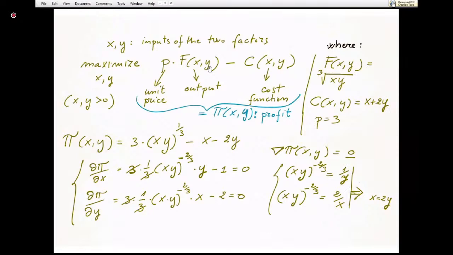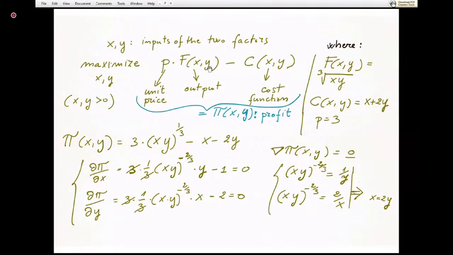Now suppose, very typically, X and Y are strictly positive quantities. F of X and Y could be, for instance, this function, the cubic root of the product xy, which is one possible Cobb-Douglas function, very common for production functions. And the cost could be, for instance, linear.